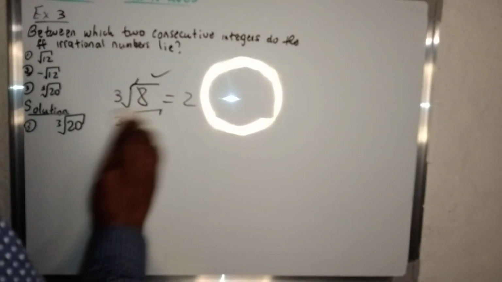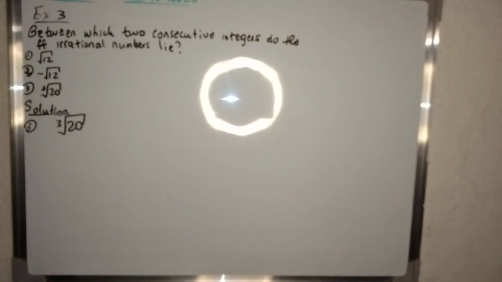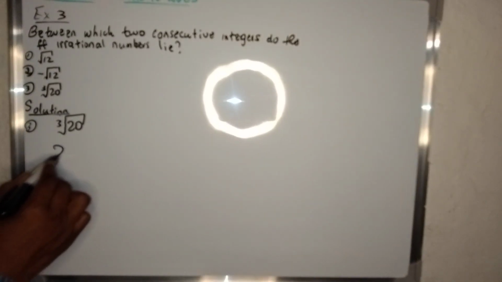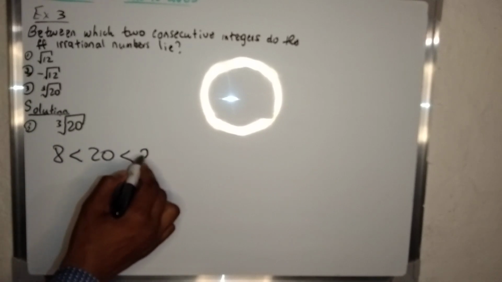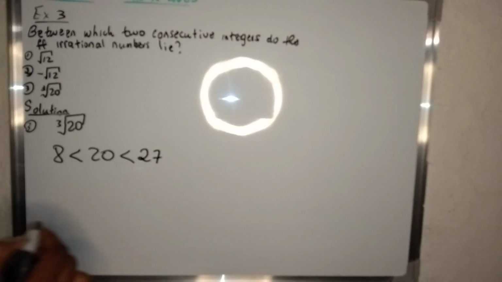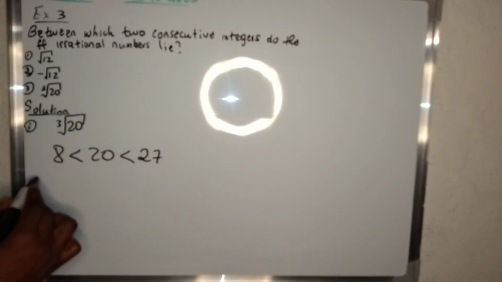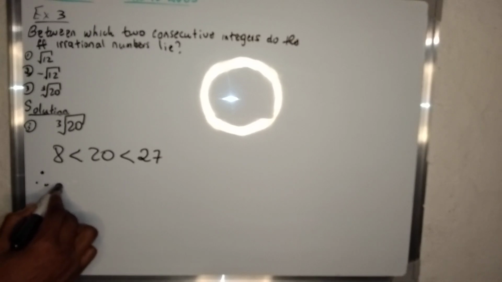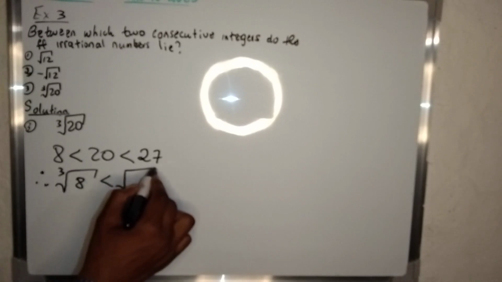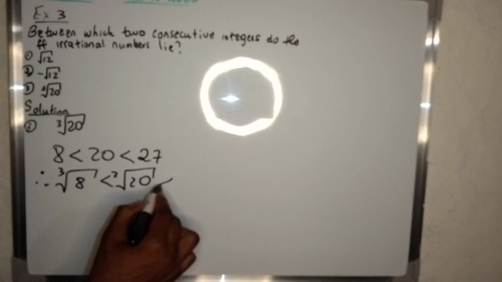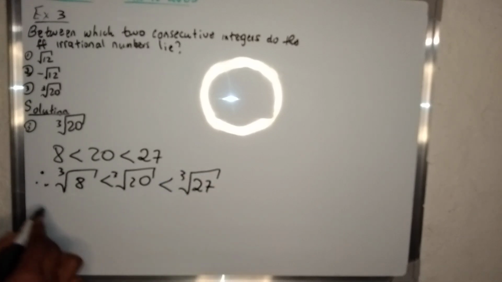Now let's check how do we write this one down. I'm going to say 8 is less than 20, and 20 is less than 27, right? And then we just cube root everything here. Therefore the cube root of 8 is less than the cube root of 20 and less than the cube root of 27.